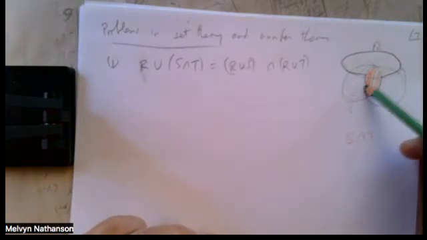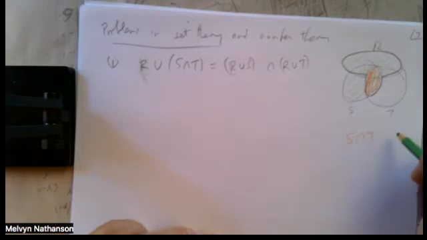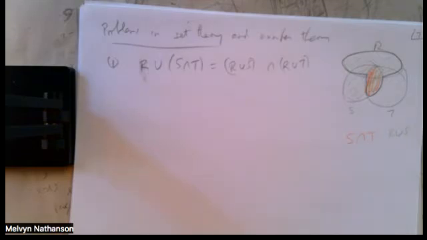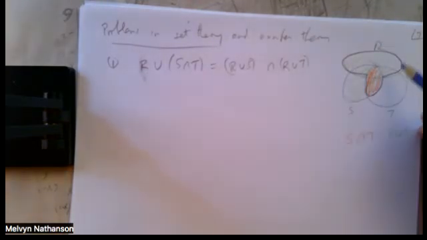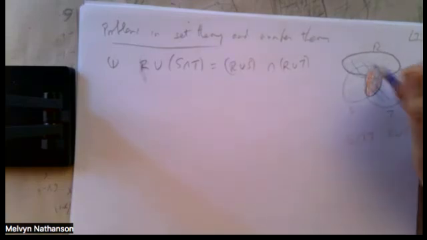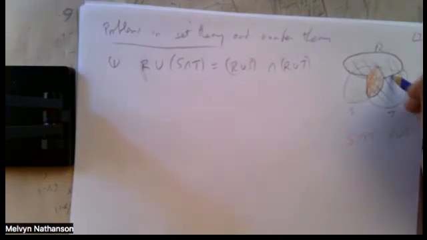So the green is R union S, and R union T is everything in blue.